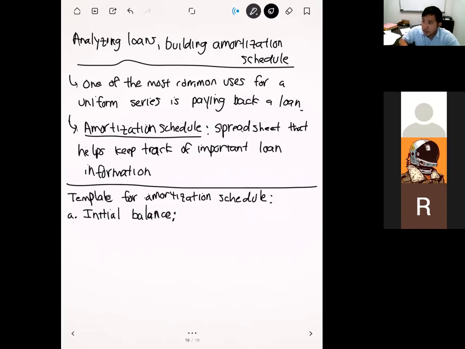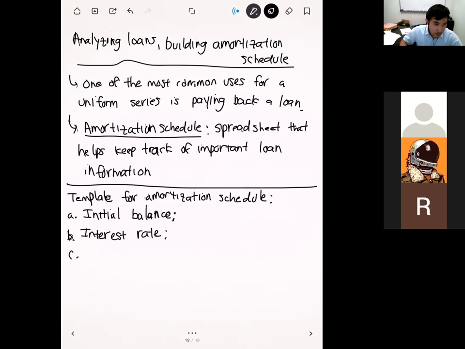If you're borrowing money to purchase a house or a car, that's going to be whatever the price of that object is. Next you have the interest rate, which is the interest rate you're paying on the loan.